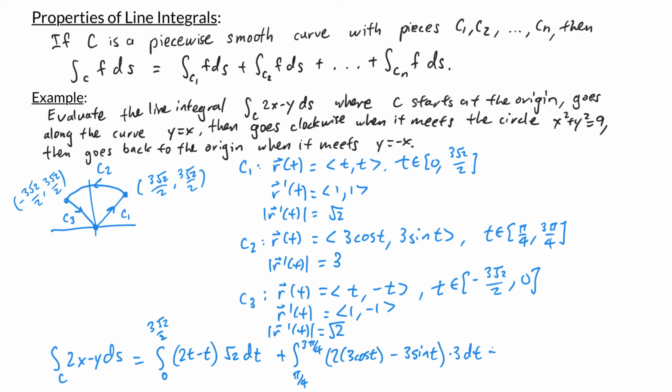And then lastly, on C3, we have the integral from negative 3 square root of 2 over 2 to 0 of 2 times t minus negative t times the magnitude of r prime, so that's times the square root of 2 dt.